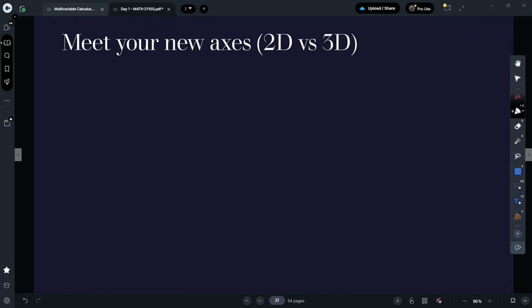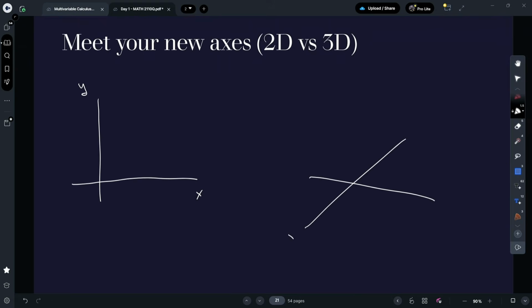So now we're going to be working mostly in 3D. It's a lot more difficult to plot things in 4D, but we'll try at some point to imagine, once we have a 4-dimensional object, what does that look like? So our old axes were x and y. And now you have to think that we're going to be looking at that x and y from up above. So I'm going to put the x-axis here and the y-axis here.